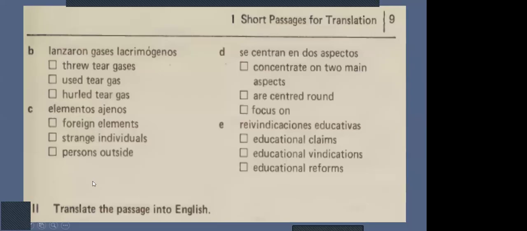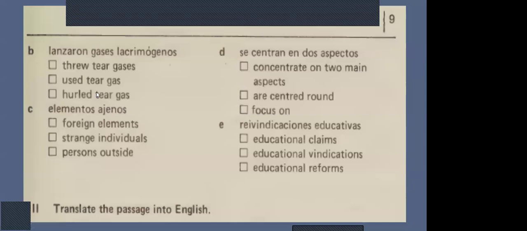But claims is much more general, could be anything, right? But reforms is much more like something that could happen, or they already had made some kind of document asking for a specific reform, and then we can talk about that. But without that context, I think it's not appropriate.